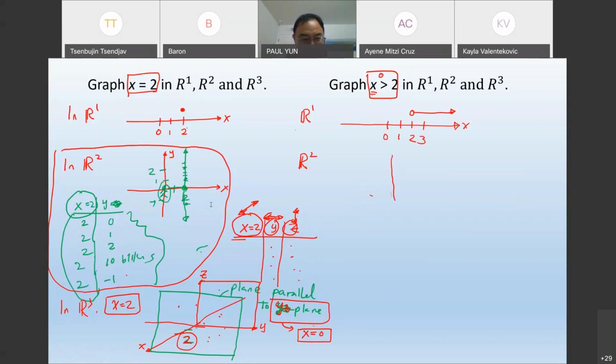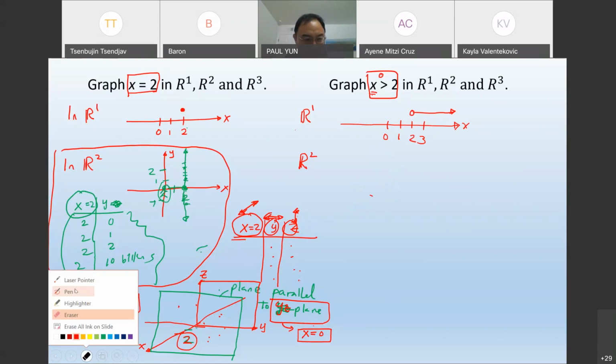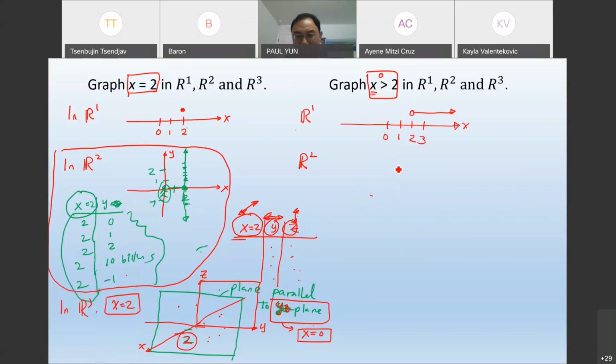In R2, I'm pretty sure you're good at this. Okay, in the plane, you sketch this on the XY plane.